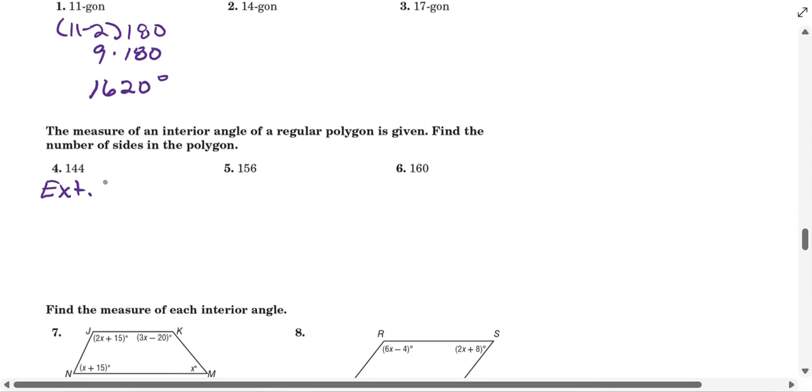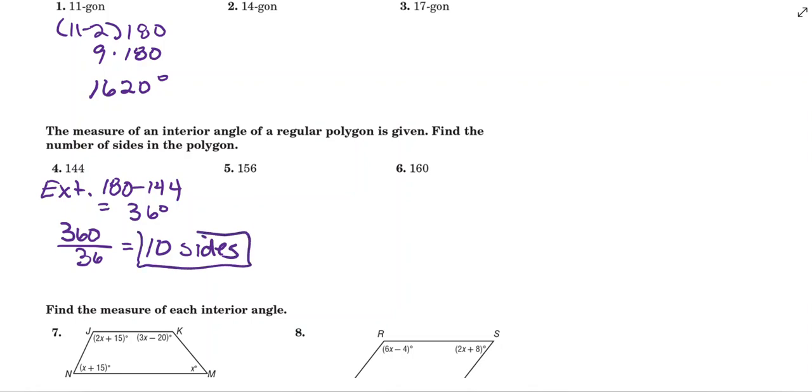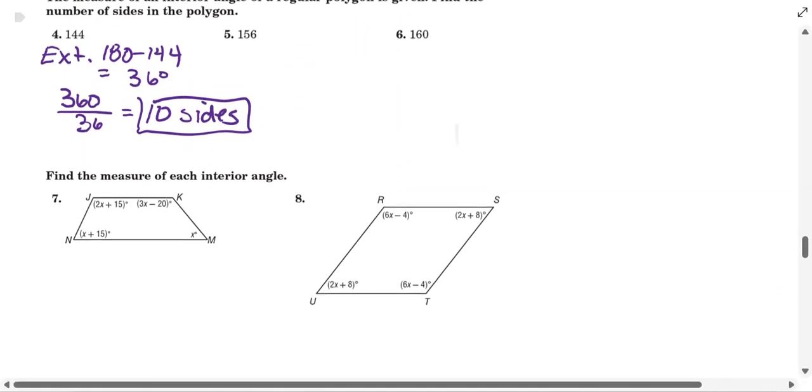So I would do 180 minus 144, and that would give me 36 degrees as the exterior angle. All the exterior angles add up to be 360 degrees, so we'll divide by one of them, and we would have 10 sides.